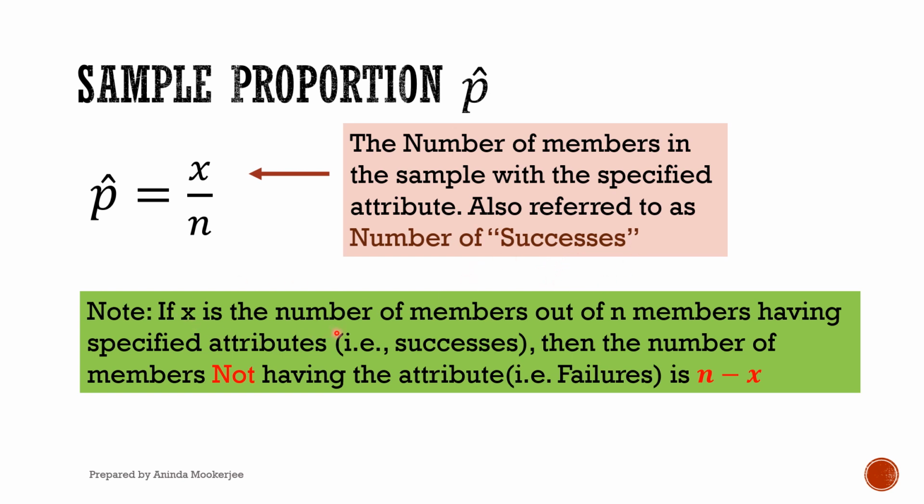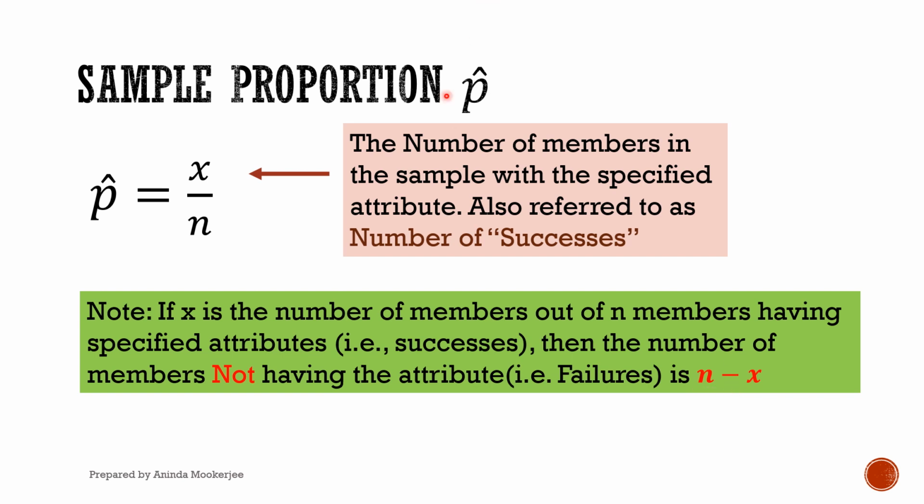Now, if x is the number of members out of n members that have met the specified attribute, that is the successes, then the number of members that did not meet the specified attribute can be calculated using the formula n minus x, right?